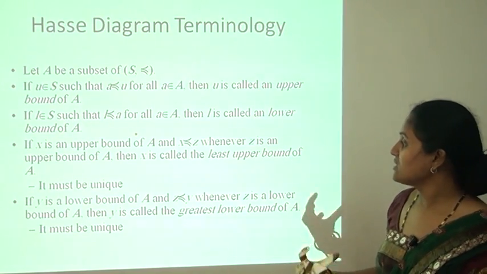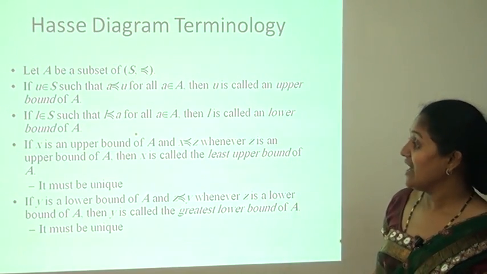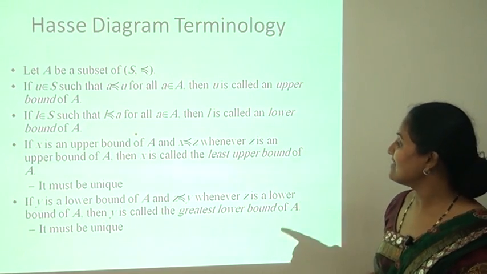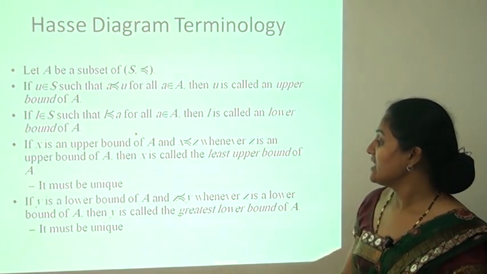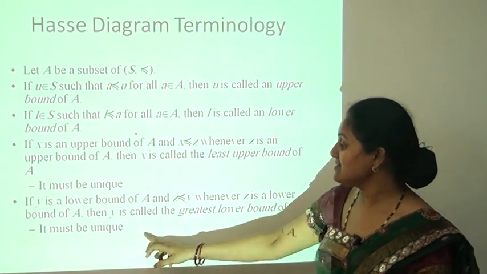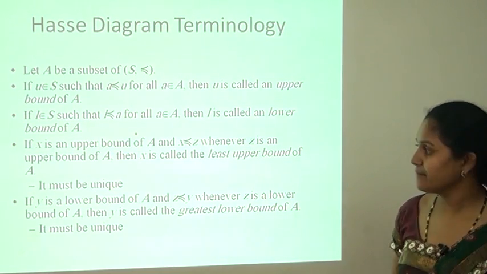Means among the upper bounds we take a single element, that is the least upper bound, and it must be unique. There are lots of upper bounds, but the least upper bound is a single point. Similarly, there are many lower bounds, but there is a unique one, that is called the greatest lower bound.